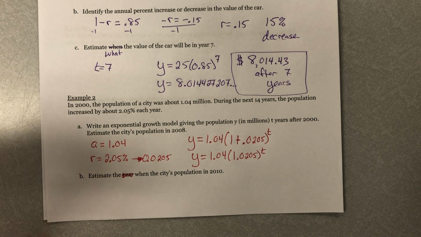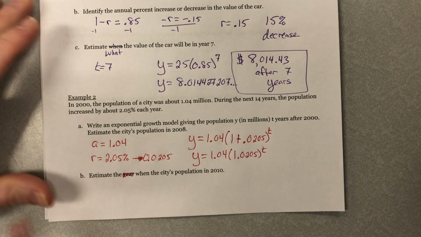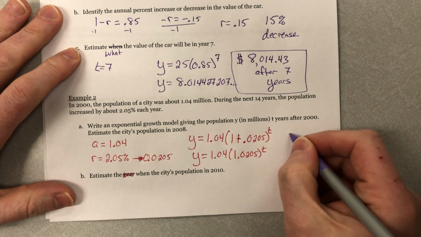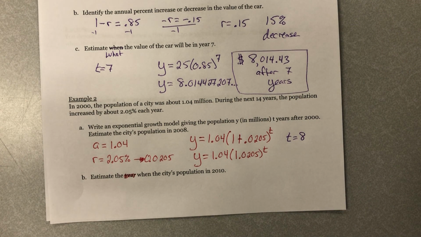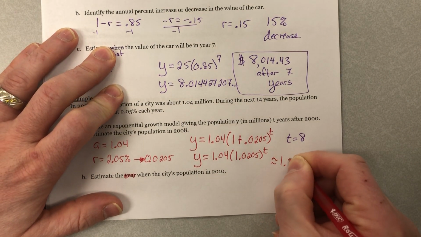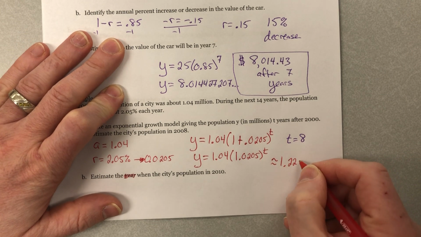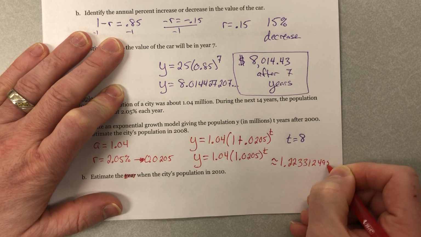Okay? Now the last part here says there are going to be 2 similar questions. Estimate the population in 2008. Well, in 2008, that would tell us that our t is 8. All right, if we did that, that would be roughly, approximately 1.22, or we would get 1.2233124995.